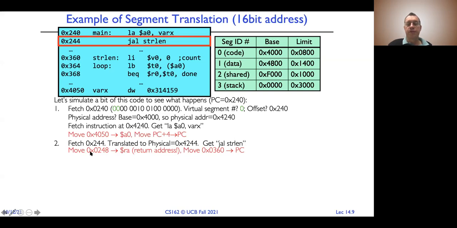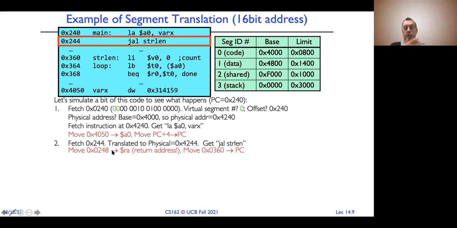But before jumping, we store the return address. After we execute the function stringlen, we need to return to the next instruction after the jump, which will be 0x248. So we assume here that we have a return address register, and we load 0248 into it.